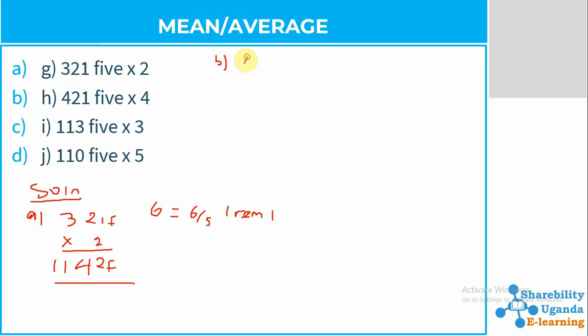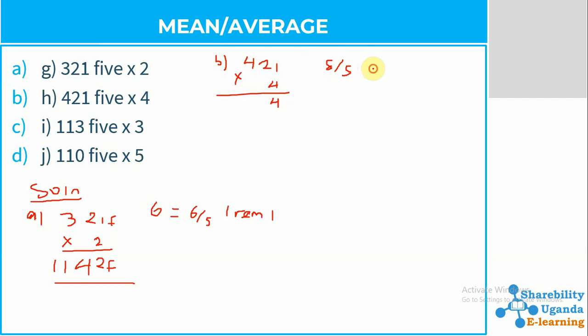Then we also come to our part B. Our part B is 4 2 1, then times 4. We multiply 4 times 1, we get 4, then 4 times 2, we get 8. So we shall say 8 divided by 5, which is our base.